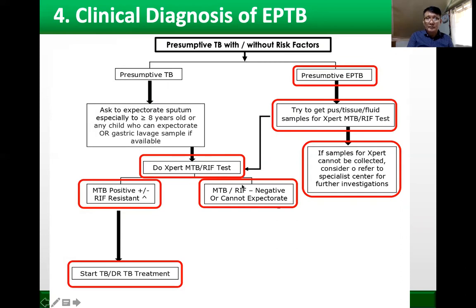If negative, or if the samples for Xpert cannot be collected, consider or refer to a specialist center for further investigations. So we will only be up to here. And we just follow what we discussed in the previous algorithm if negative or cannot expectorate.